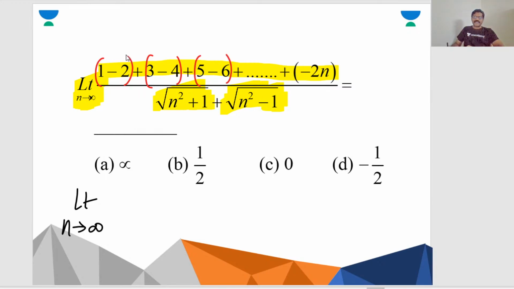We continue like that. 1 minus 2 is minus 1, plus 3 minus 4 is minus 1, plus 5 minus 6 is minus 1.